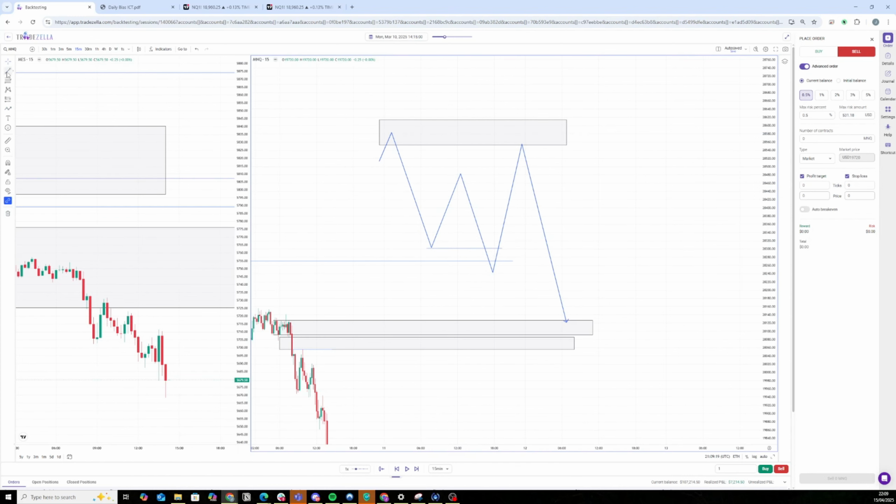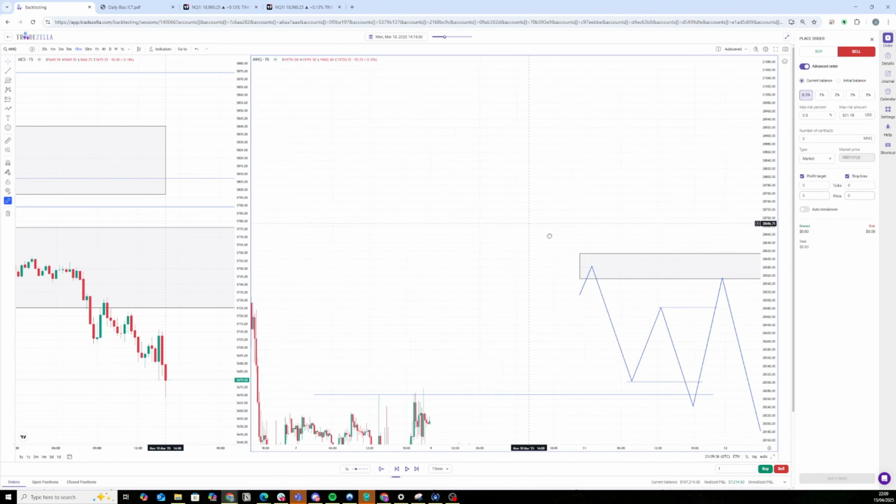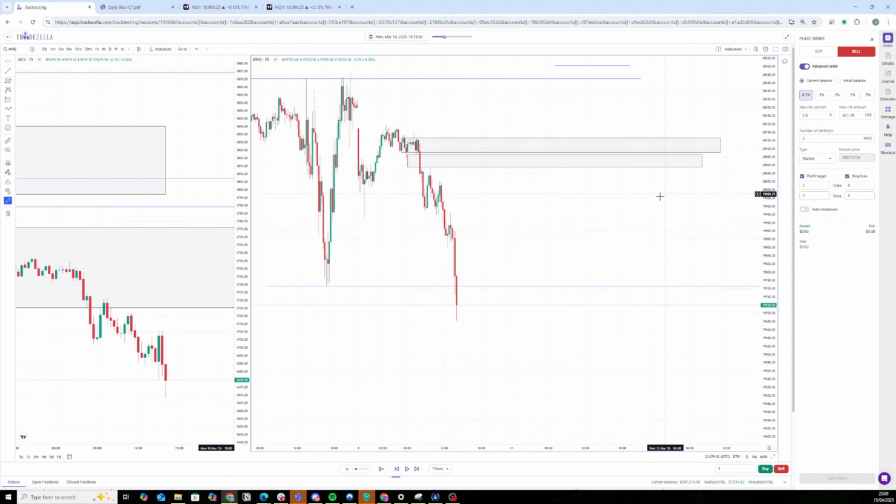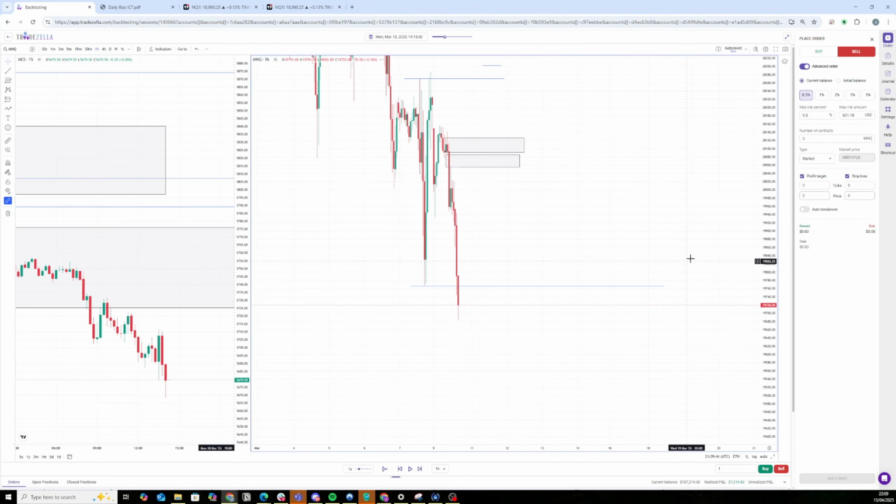You want to see some sort of inducement or a high put in before the order block. Price comes up, takes out this high, then taps the order block, and then you'll get a really strong reaction. We do a whole webinar, and there's a whole playbook in the playbooks templates area around just this. Super simple strategy to follow. But yeah. Okay, so that low got taken.